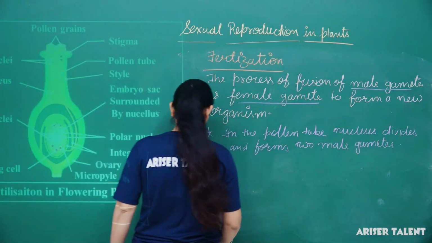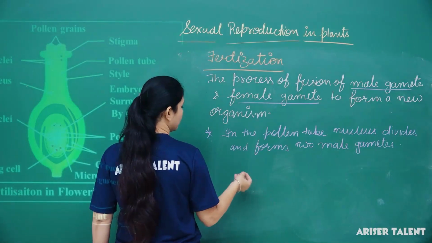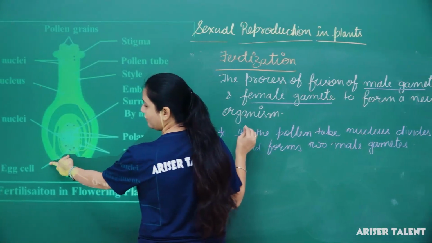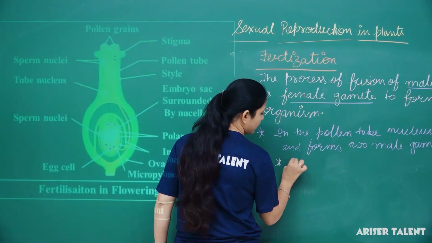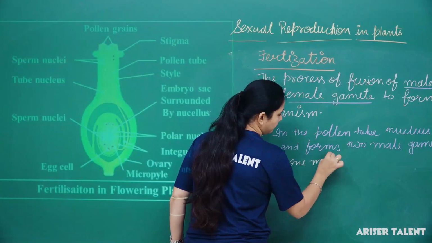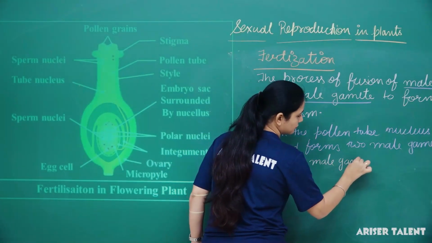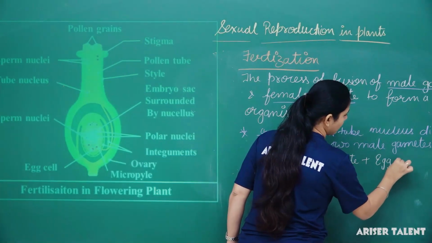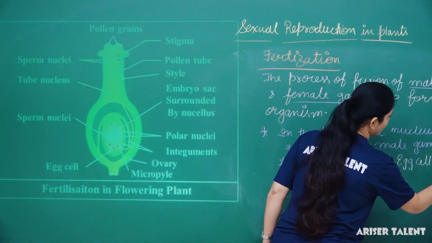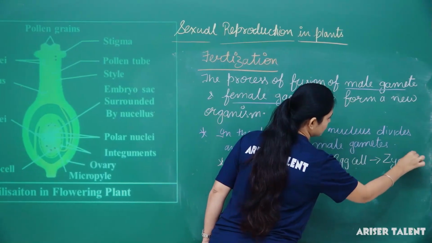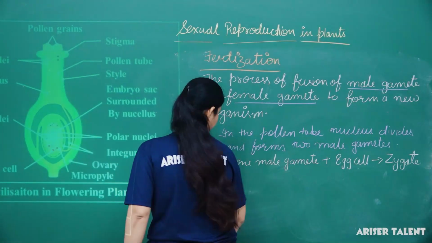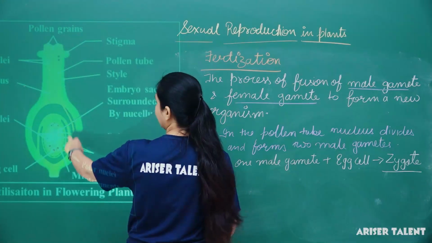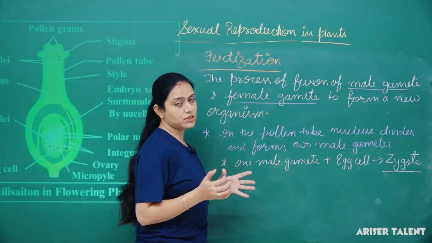One male gamete fuses with the egg cell and forms a zygote.